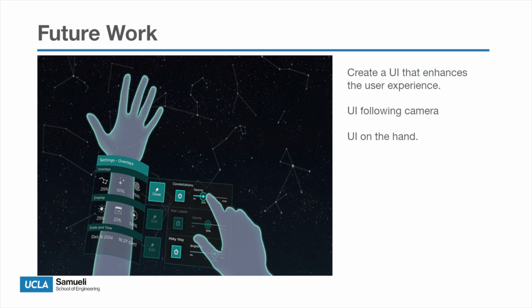One is to design the UI to follow the camera's movement, using a gesture to target the UI, and the other plan is placing the UI on the user's hand. When the hand is spread out in front of the camera, the UI will be displayed on the hand, making it more convenient for the user to interact with the UI.